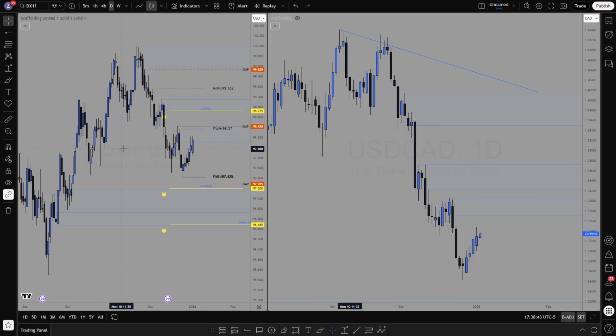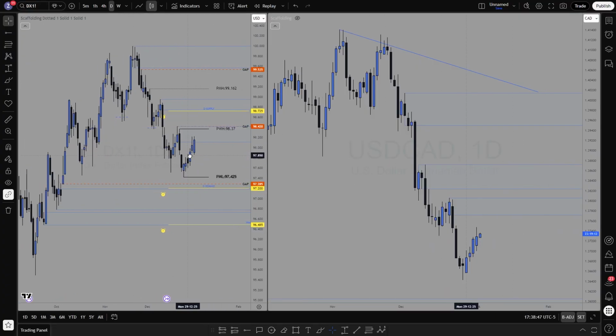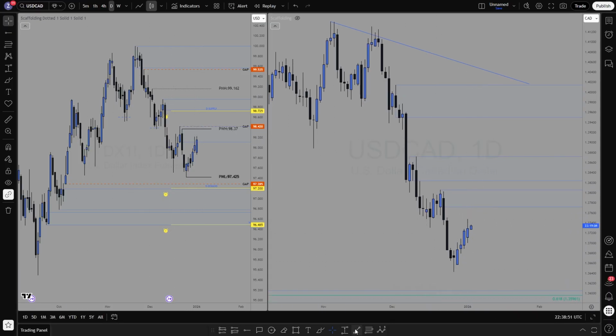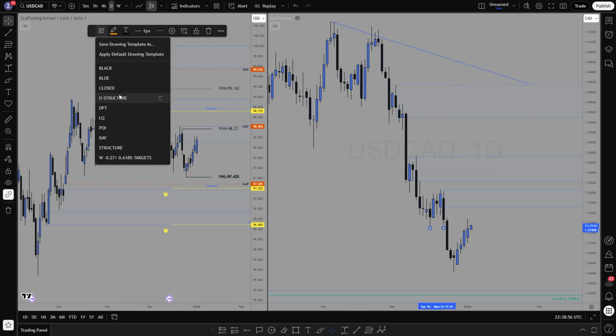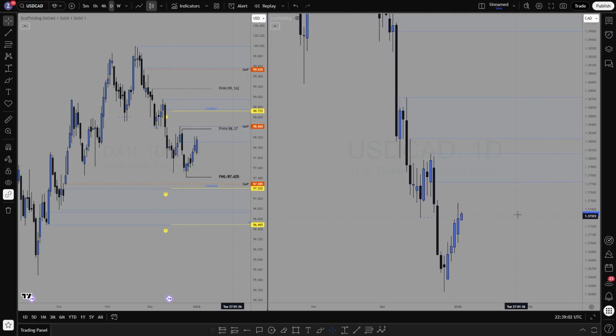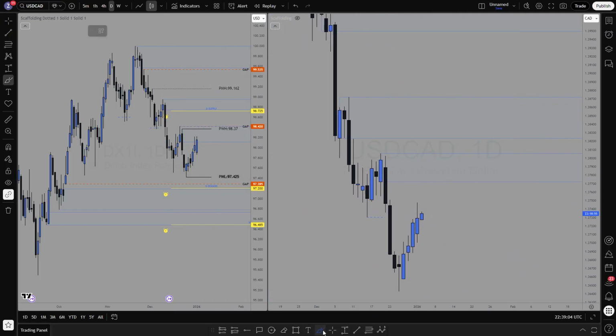We can clearly see that as price is holding within daily supply on the DXY on the left, we're approaching daily supply on USD-CAD on the right, which broke structure to the downside over here and comprises a few basing candles. But if you really zoom in, you'll notice that we drop, then we rally to this high before we drop again.